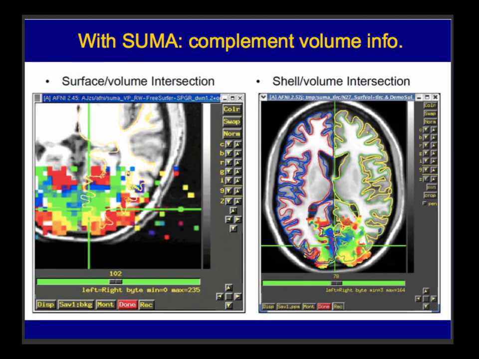This is a sense of how we're looking at similar things in different ways. On the left here, we're looking at a slice of the brain, and we're really looking at volumes, and within the slice you get a sense of where the tissue boundaries are.